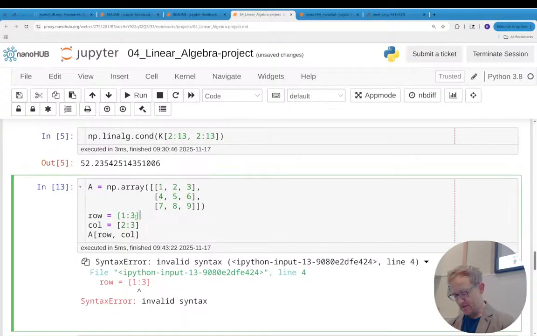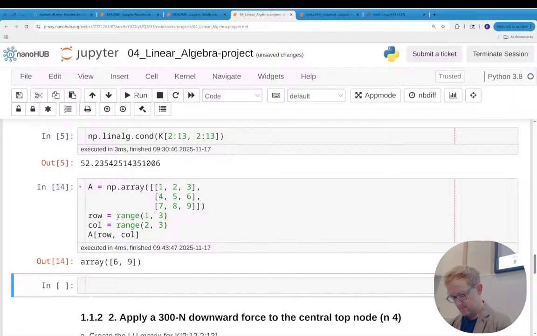Maybe range? That worked. At least if you want to set up input and then grab.